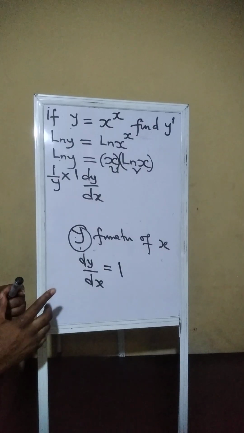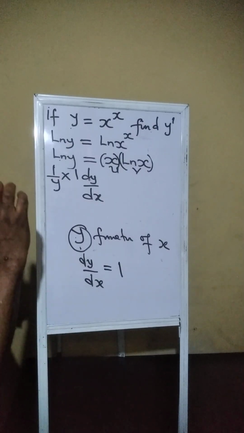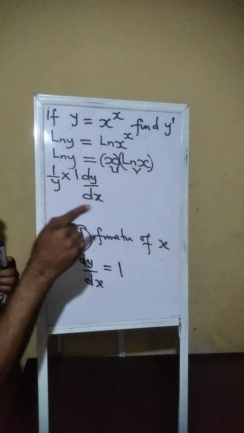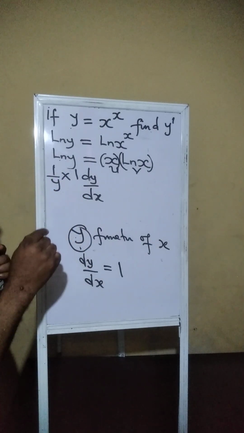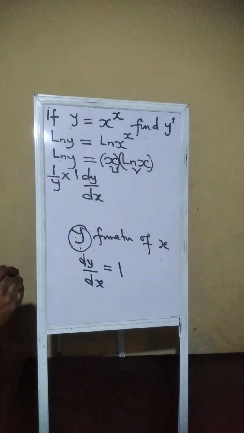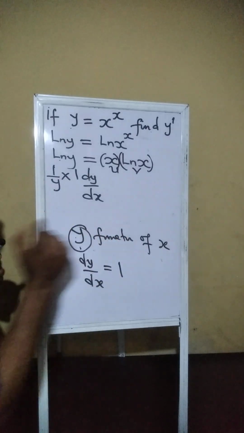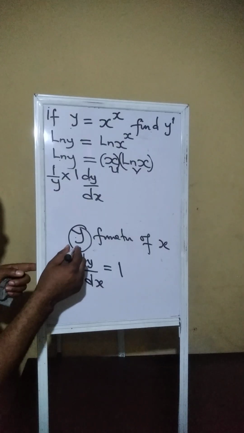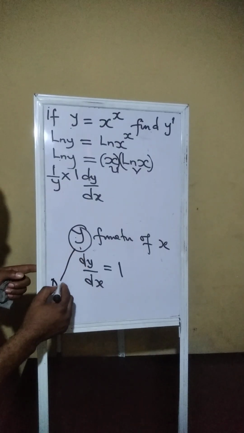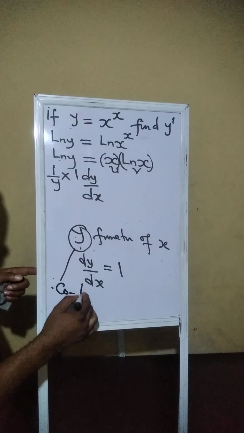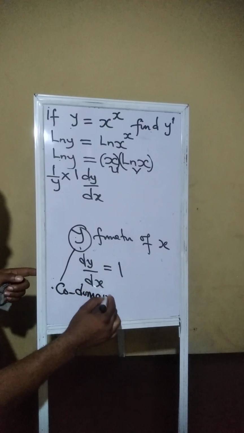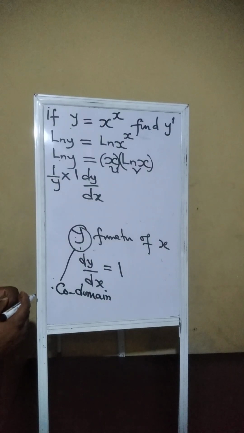So the law is this: anytime you are differentiating y, remember to put dy/dx. The reason is because y is a function of x. And if y is a function of x, it means y is called the codomain of a function, which I will still explain.